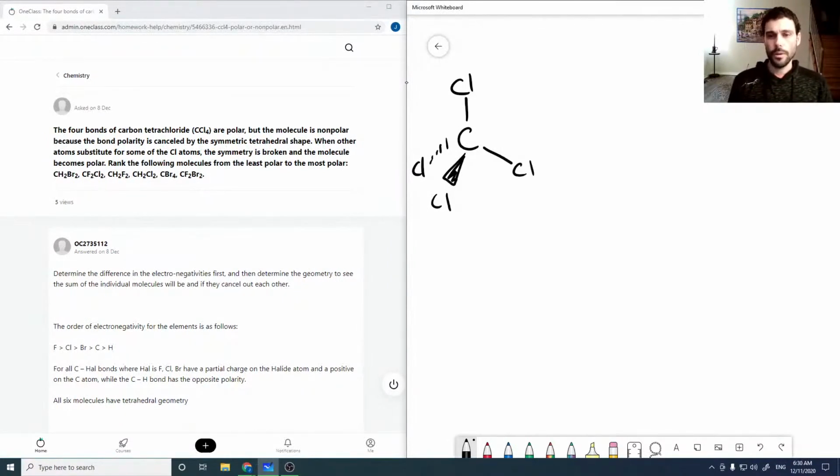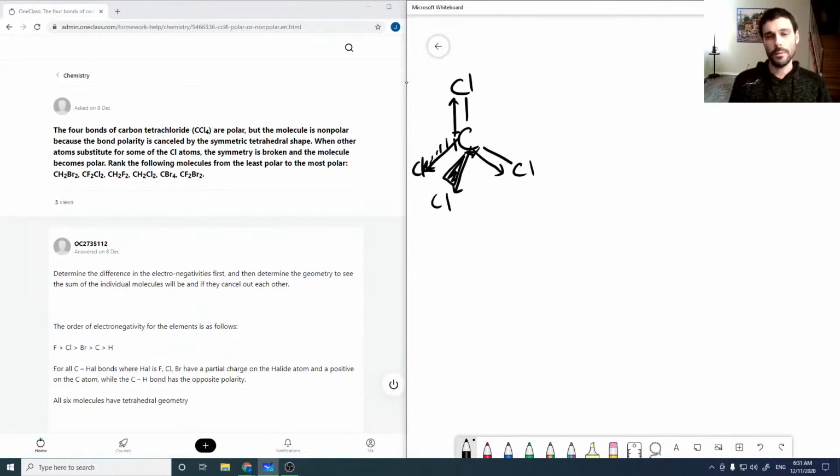And so the idea here is we've got each of these dipoles set up, but because the molecule is completely symmetric, each dipole cancels. It differs a bit in the way it's drawn between physics and chemistry, and I don't actually remember which way I default to, but I put the positive end at the plus and the negative end at the arrow, so my dipoles are pointing from positive to negative.